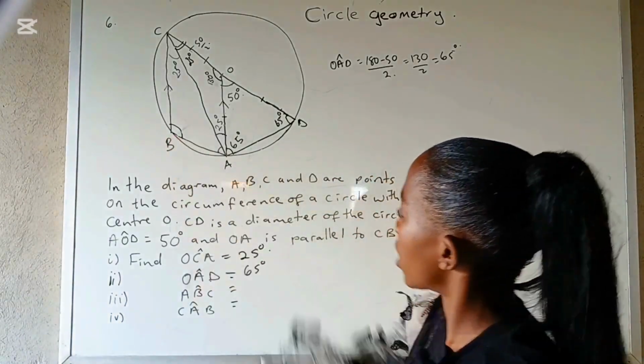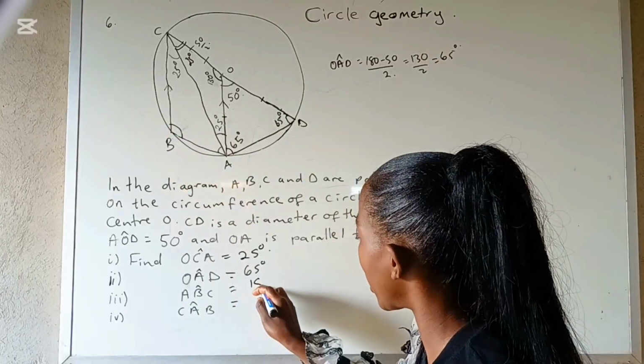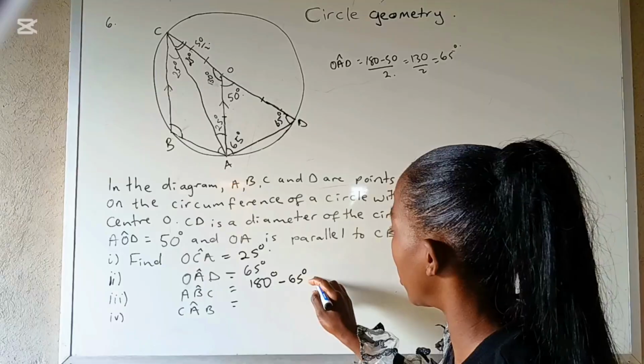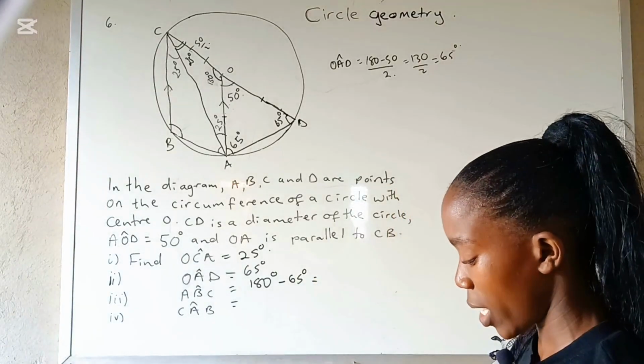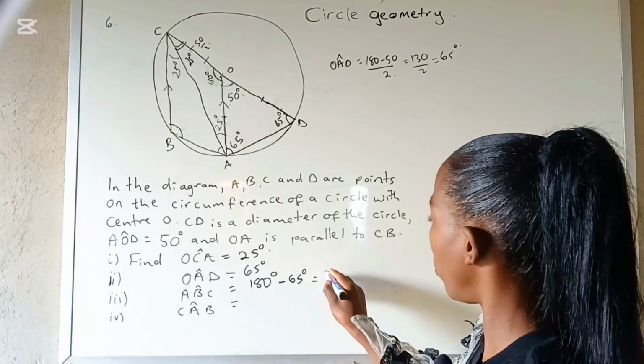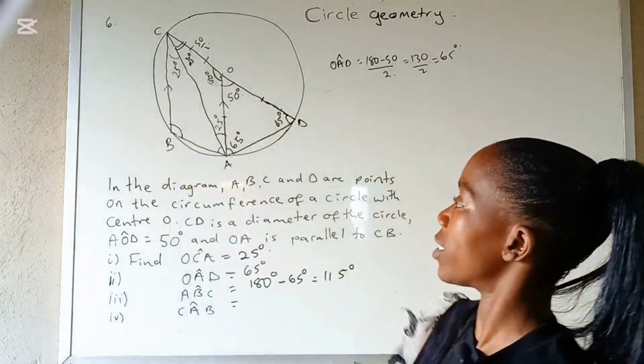So to find this angle, ABC, we say 180 degrees minus 65 degrees. So we say 180 minus 65, so it will be 115 degrees. So we have 115 degrees.